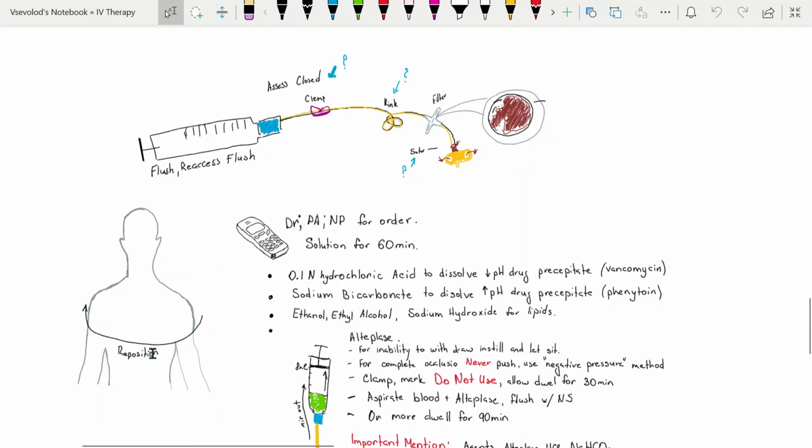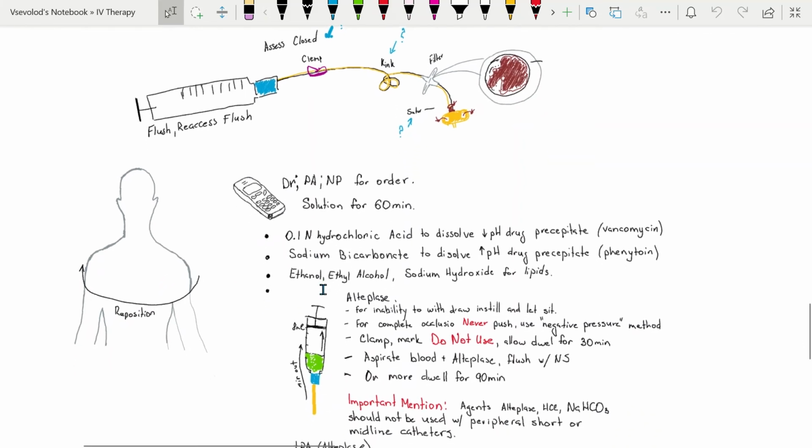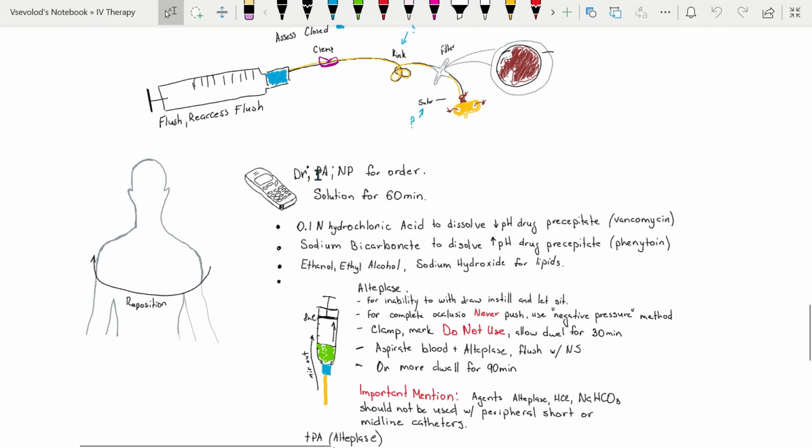It is possible that the catheter tip is against the blood vessel wall, and the position change may result in aspiration of blood. If this is a persistent problem, radiographic evaluation of the catheter placement is indicated. For suspected precipitate formation, collaborate with the physician, PA, nurse practitioner, or any licensed independent practitioner for treatment and orders.